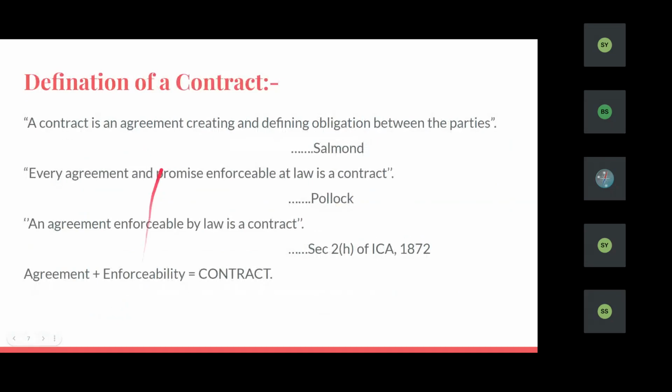Now, the definition of a contract. Let me say this in law: you are supposed to go through, at least for each topic, one definition that is mandatorily prescribed for you all to remember. The subject is like this, and you're supposed to do the needful by grasping the definitions.